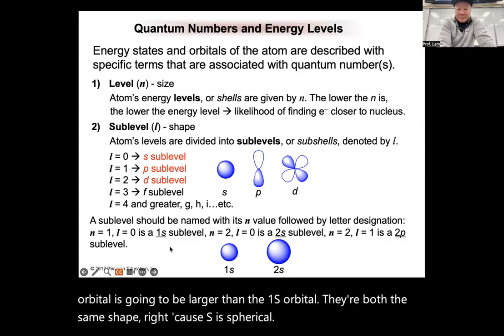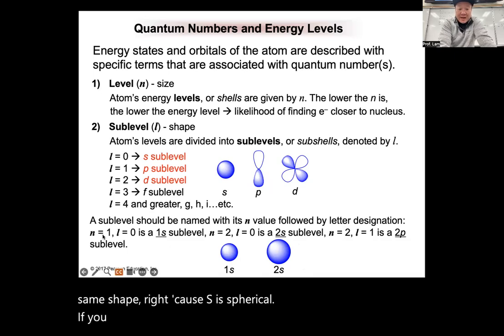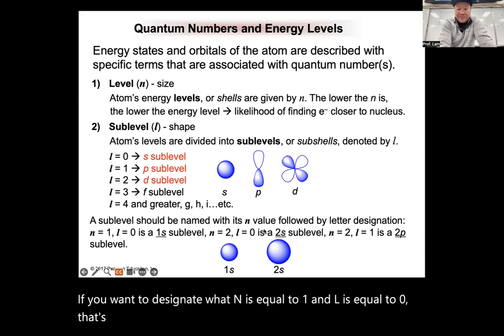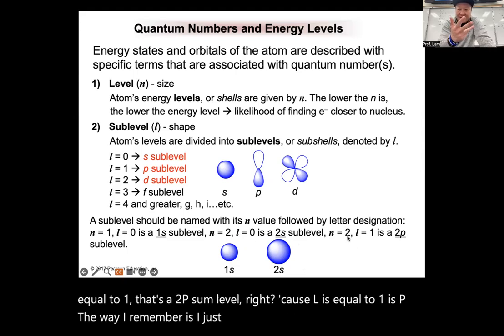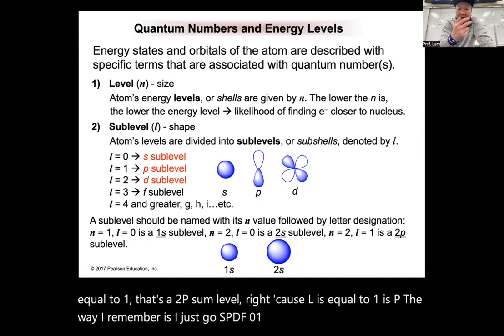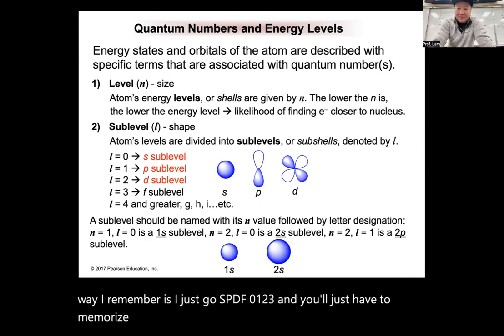If n is equal to 1 and L is equal to 0, that's 1s. If n is equal to 2 and L is equal to 1, that's a 2p sublevel, because L is equal to 1 is p. The way I remember it is S, P, D, F is 0, 1, 2, 3. You'll just have to memorize that.